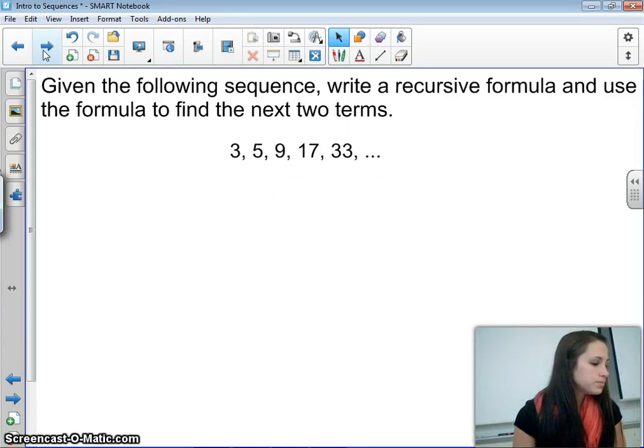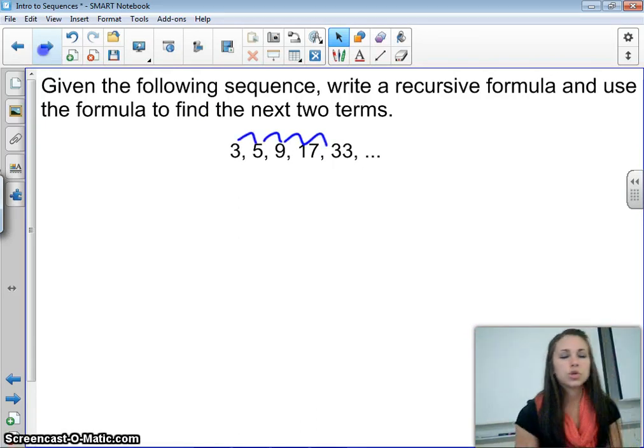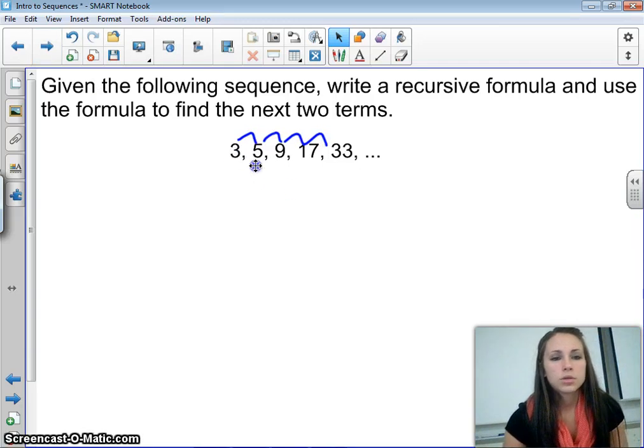Okay, for this one the pattern is a little bit harder to find because there's 2 things that we're doing. So think about this pattern for a second and then see if you can figure it out. You can pause it. I'm going to go ahead. This pattern is going to be, if I take 3 times 2 and then subtract 1, I get 5. 2 times 3 would give me 6, and subtract 1, I get 5. 2 times 5 would give me 10, subtract 1, I get 9.